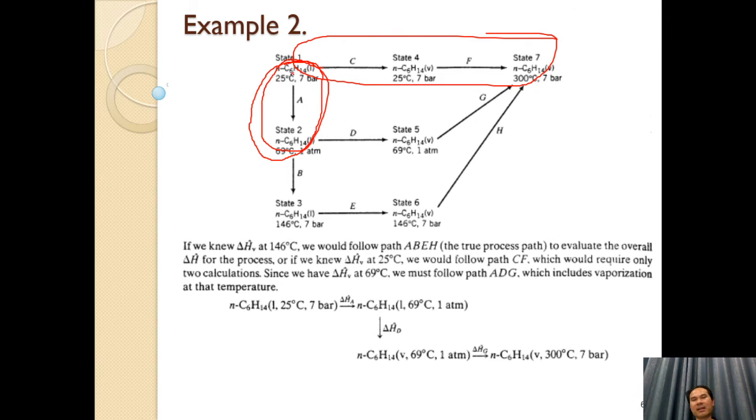Okay, but for this system, we will follow the ADG system. For this case, we go from 25 degrees Celsius, 7 bar to 69 degrees Celsius, 1 atm, and then 69 degrees Celsius liquid to vapor at constant temperature and pressure, and then from 69 Celsius, 1 atm to vapor at 300 Celsius, 7 bar.